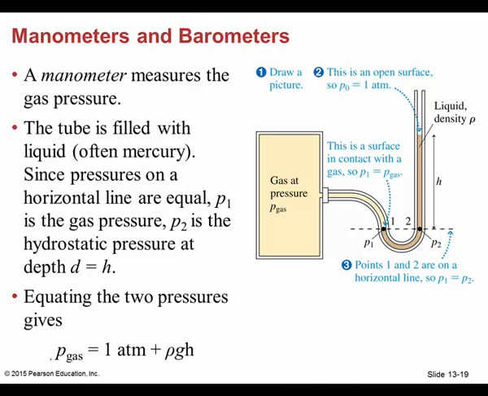All right, now, so here we say equating the two pressures gives us this, that the pressure of the gas, of course, is equal to 1 atmosphere times the density of the gas times acceleration of gravity. Notice we always have to take that into consideration, times the height of the column here, okay, from here to here, okay? And that's how we would find the pressure of a gas.